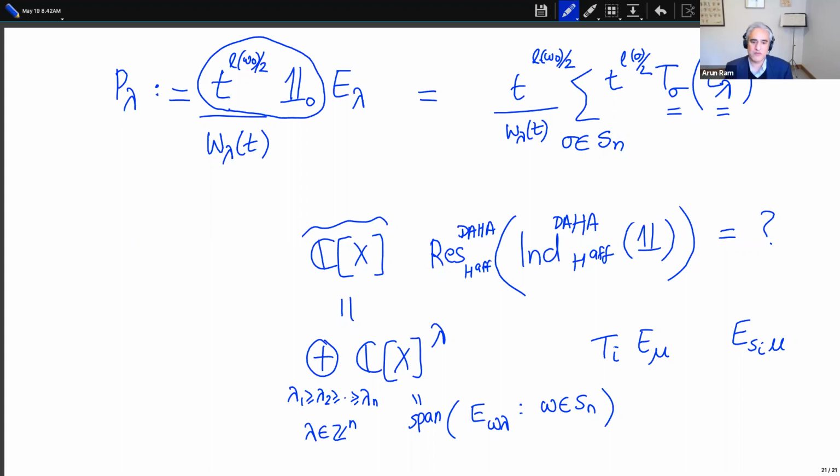Yes, if you do it carefully, it's better to think if you start with the Artin group and then put Ti squared equal to 1, you will recover the Weyl group, the double affine Weyl group. Right.